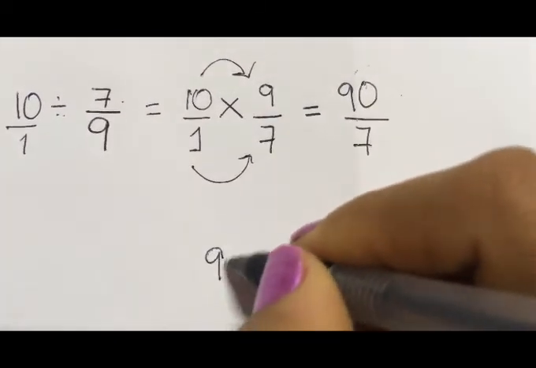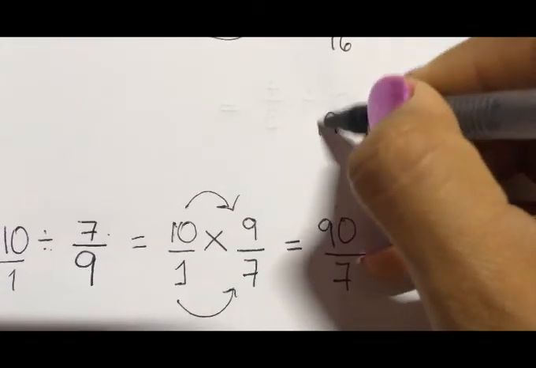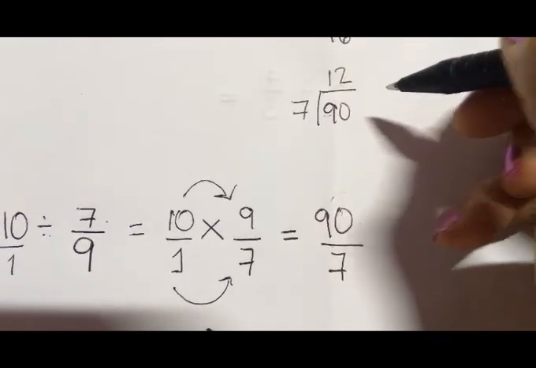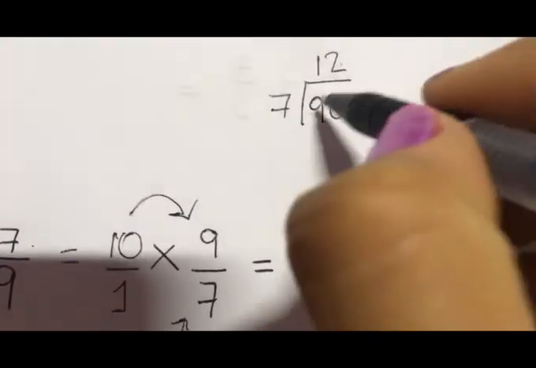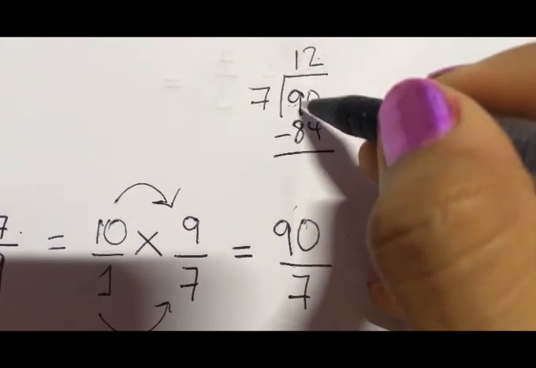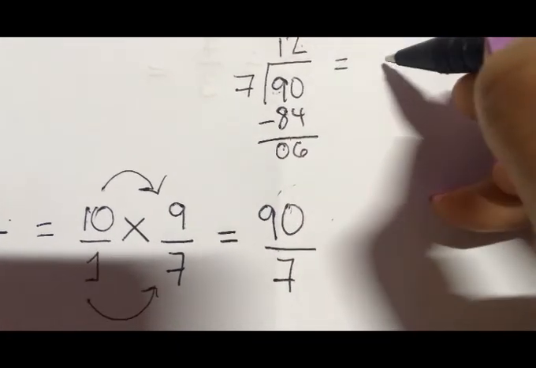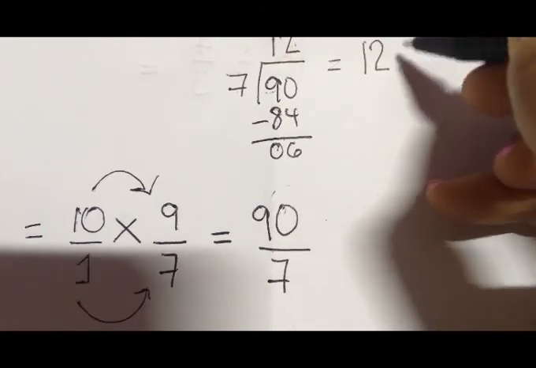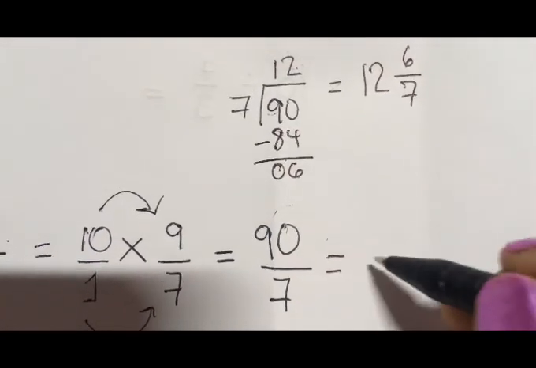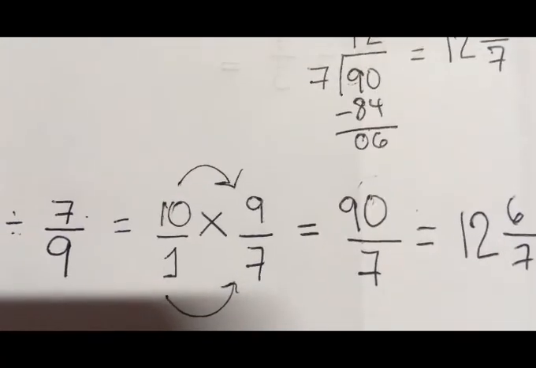We need to divide. 90 divided by 7 is 12 times. 12 times 7, 84. Subtract, 6. Okay, the answer in this case is 12 and 6/7. And we have to write it here. 12 and 6/7. Okay, that's the case.